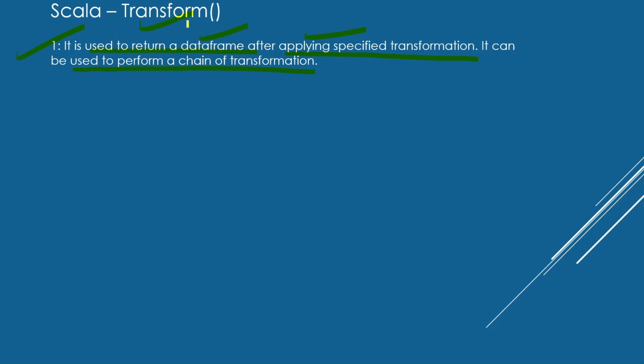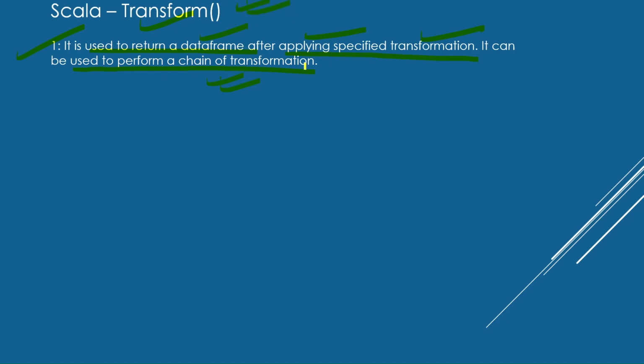Each time we call the transform function, it returns a data frame, and again we apply the next transformation on that data frame, and then it returns a data frame again. So it's a chain of operations which we perform with the help of the transform function.